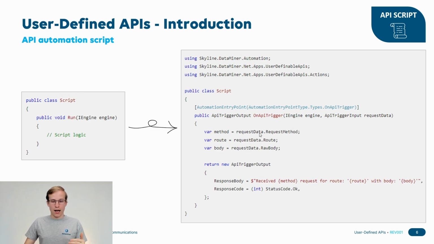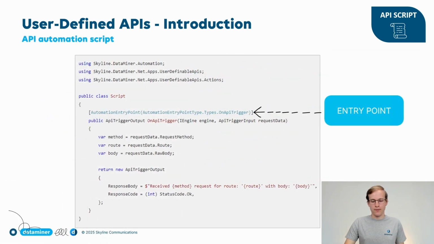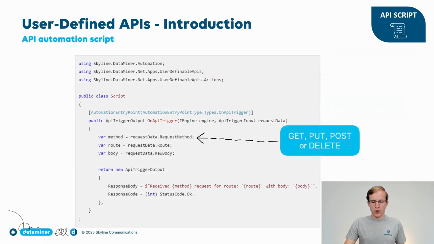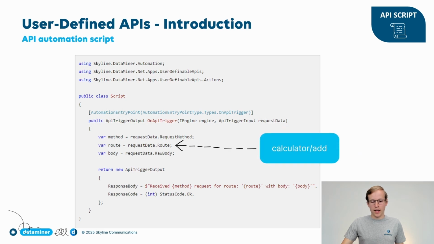If we delve a little bit deeper again into the request data, we have talked about the entry point, but here in the request data itself, we have a request method. That is whether it's a GET, POST or DELETE. So that's the HTTP REST methods. We then have a route. This is the thing that I mentioned.